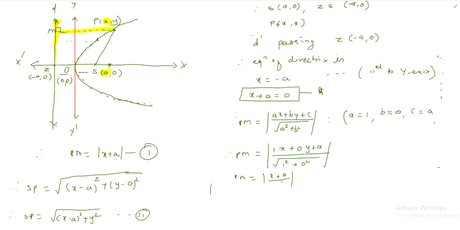Let us have a look at this diagram. I want to explain this diagram again. If you understand the diagram, then you can derive the equation of the parabola very easily.